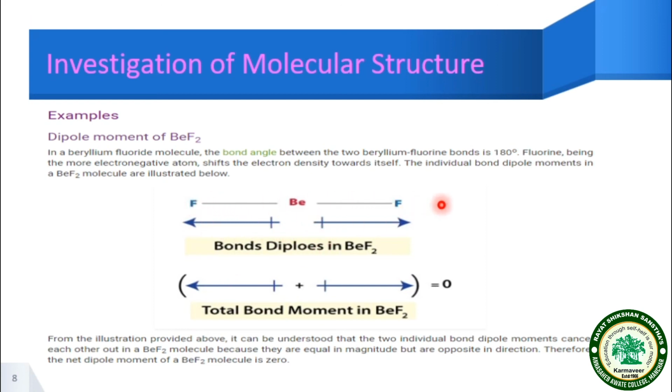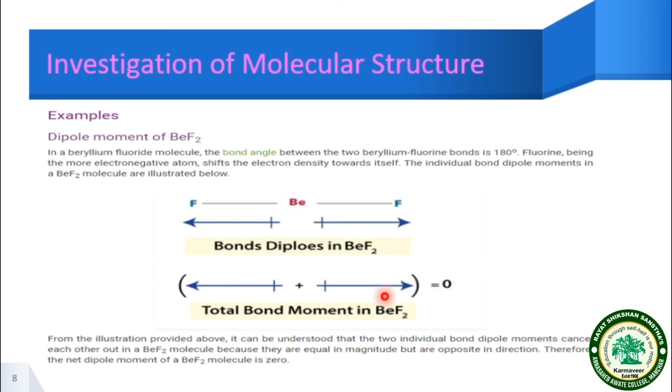So this is the dipole moment of one BeF bond, and the dipole moment of another BeF bond. Both are non-zero, but the summation that we get is 0 because they are of equal magnitude but opposite sign. And that's why one cancels with the other and we get the resultant value of dipole moment as 0.